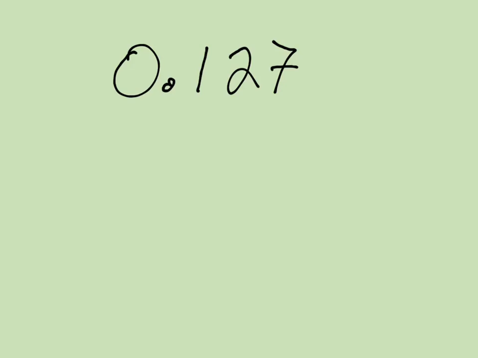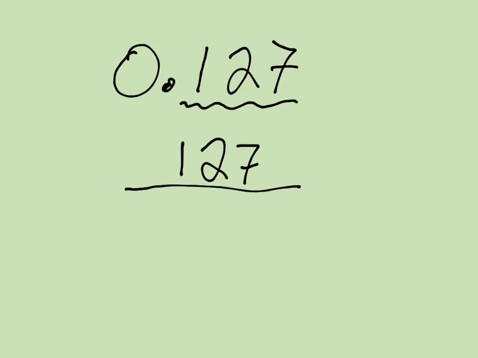Well, you can just remember that all we have to do is write this entire number, 127, and then for the decimal point in the denominator, you write a 1, and then you write 3 zeros because we have 1, 2, 3 digits. So you write 3 zeros. So that becomes 127 thousandths, or 127 over 1,000. That's all you have to do.